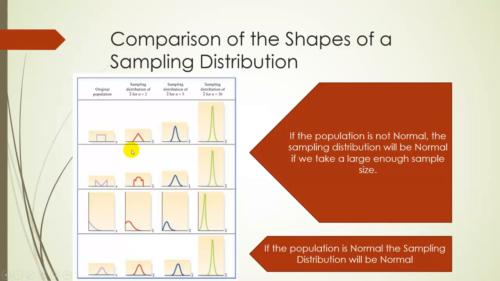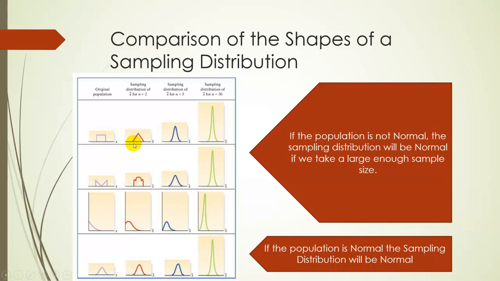All right, but these other cases are the more interesting ones, because in these, the original population of X values didn't look normal at all. And notice how I labeled these axes here, X, X, X, to indicate that this is just the original population. But when we look at the sampling distribution of X bar, they start taking on a more normal shape. We start off here with this uniform distribution.